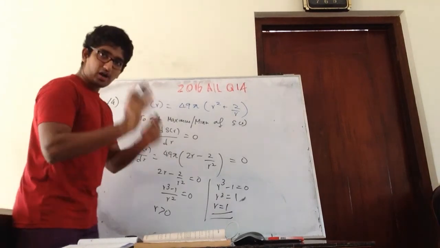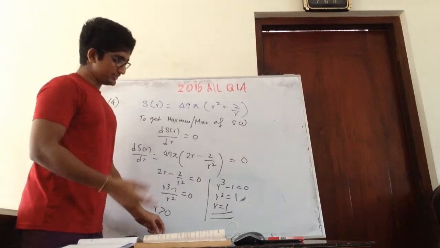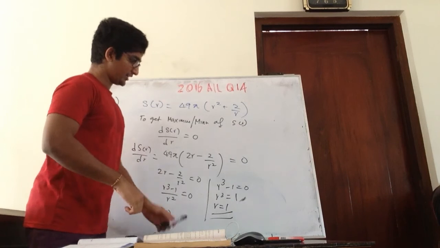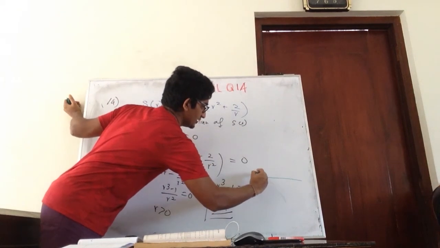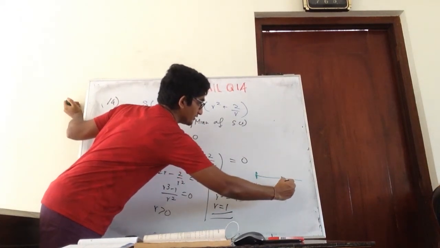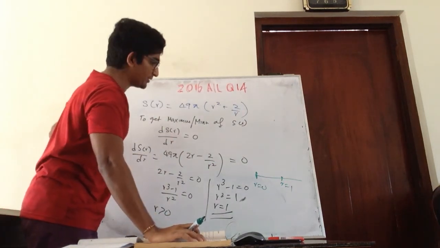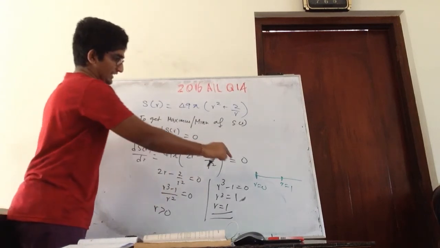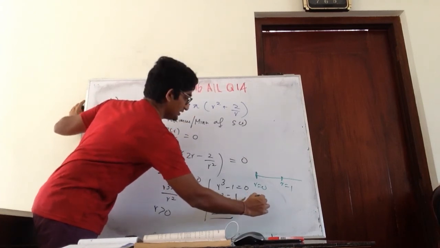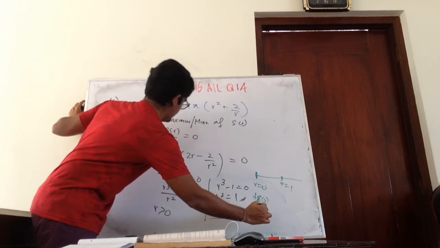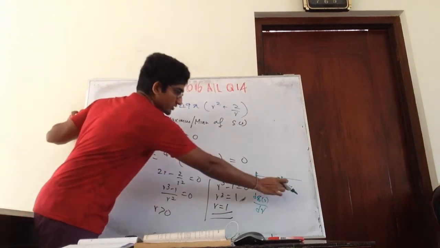Right? So now you have actually got the answer. But as I said, this is like a dummy move. It is just better to show that here R equals 0, R equals 1. Right? It's better to show that you will get a minimum at R equals 1. So if I evaluate dS(R) over dR, what I need to show is that when R equals 1, you get a minimum.